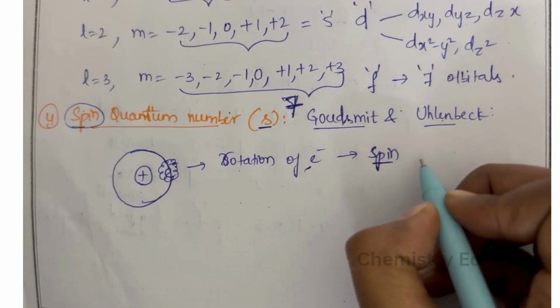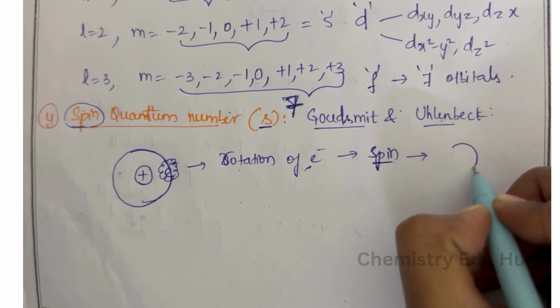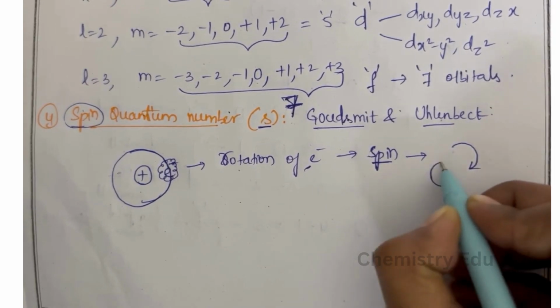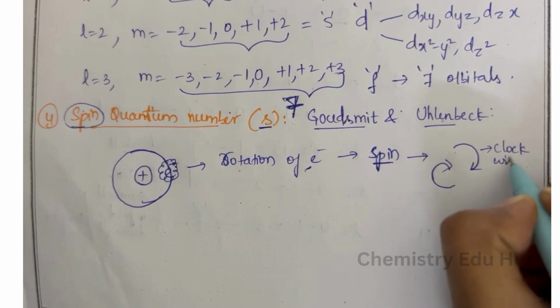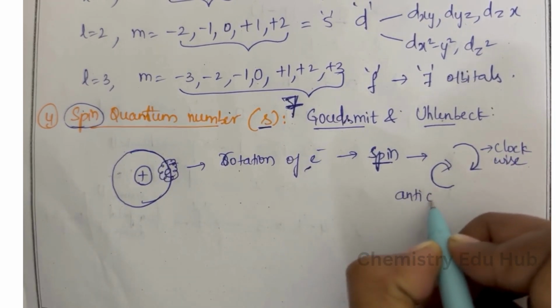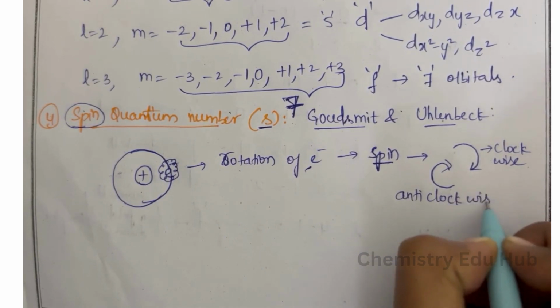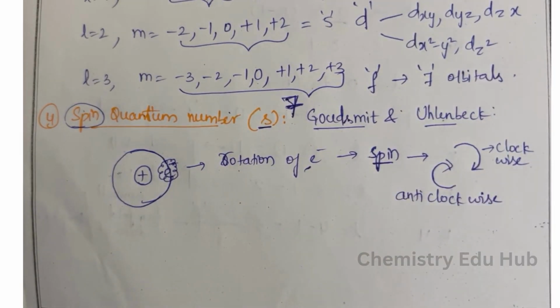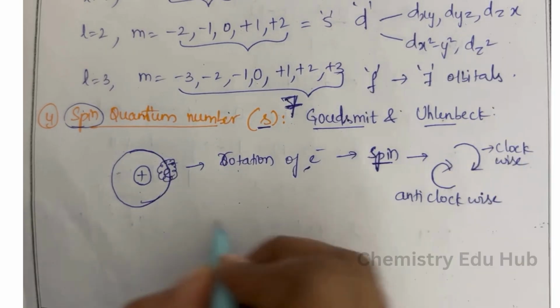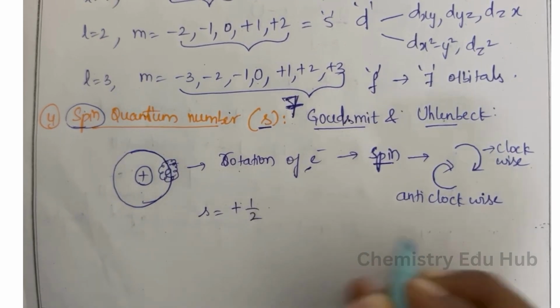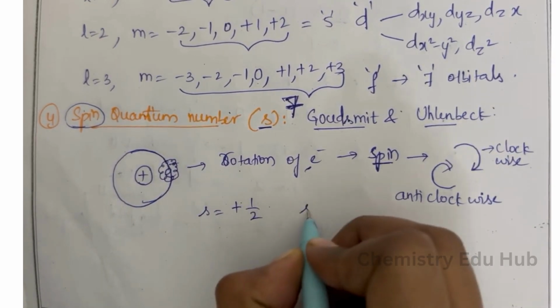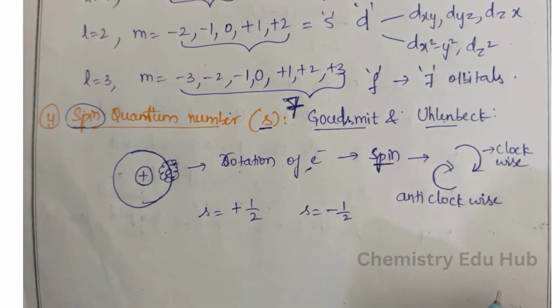Now, this spin can be either in the clockwise direction or in the anti-clockwise direction. So the electron can rotate either clockwise or anti-clockwise. Because of the clockwise rotation, the spin generated is plus half. For the anti-clockwise, the spin generated is minus half.